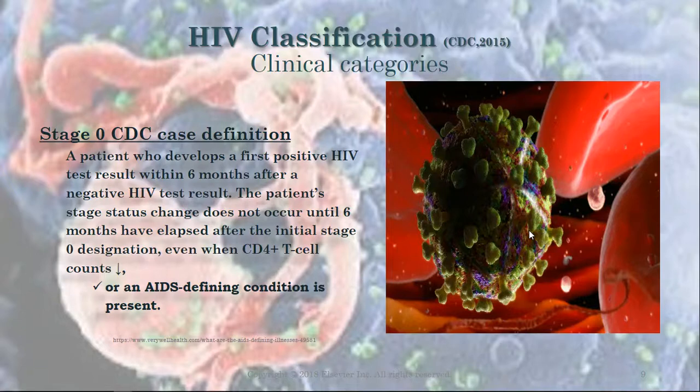So they get tested, it comes back negative. So within 6 months, they need to have another test. And after that 6 months, or within that 6 months when they're tested and it comes back positive, that's considered stage 0.